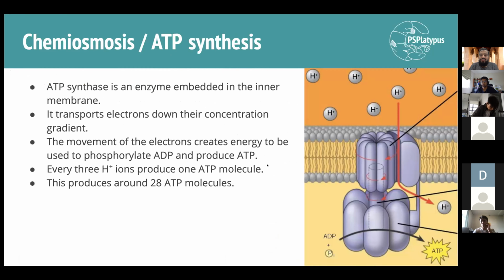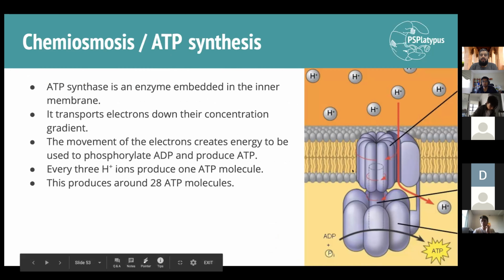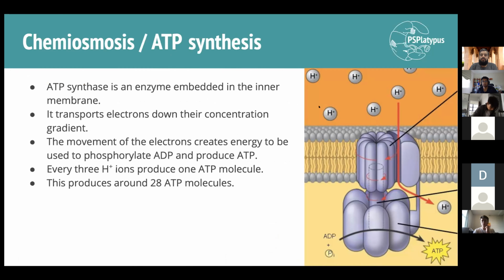chemiosmosis, or ATP synthesis, where we have the ATP synthase enzyme. We can consider this enzyme a channel for hydrogen ions to flow down their concentration gradient from the intermembrane space.